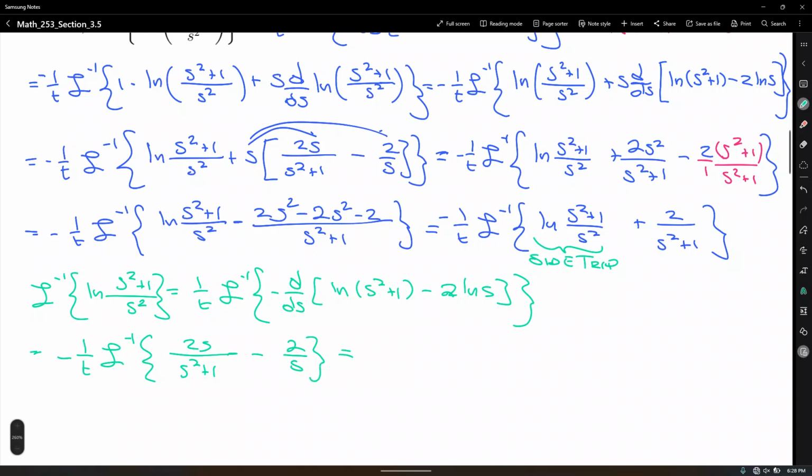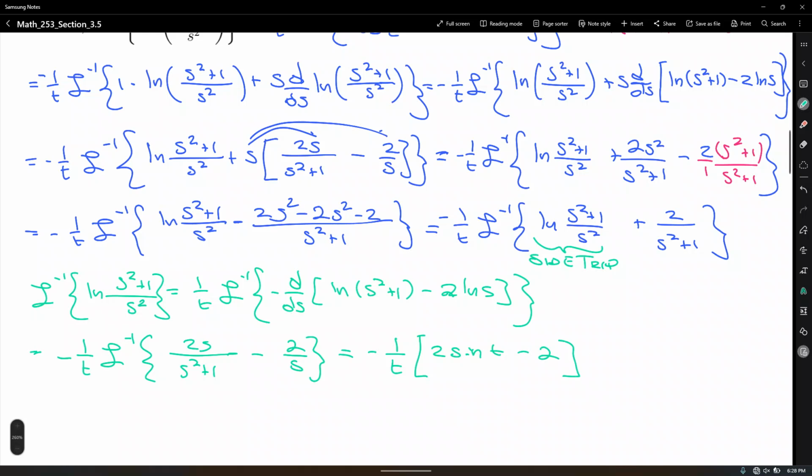Can we find the transforms of these two? Isn't that the cosine for the first term and the number 2 for the second term? You guys agree? So this will be negative 1 over t times 2 cosine of t minus 2.